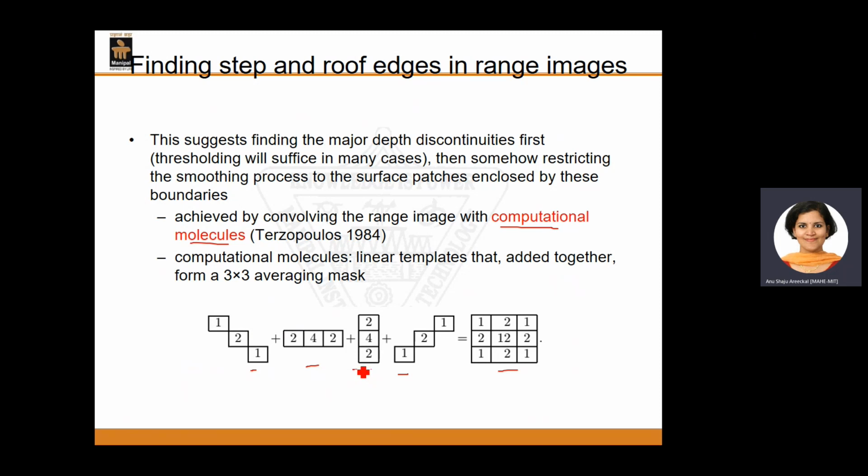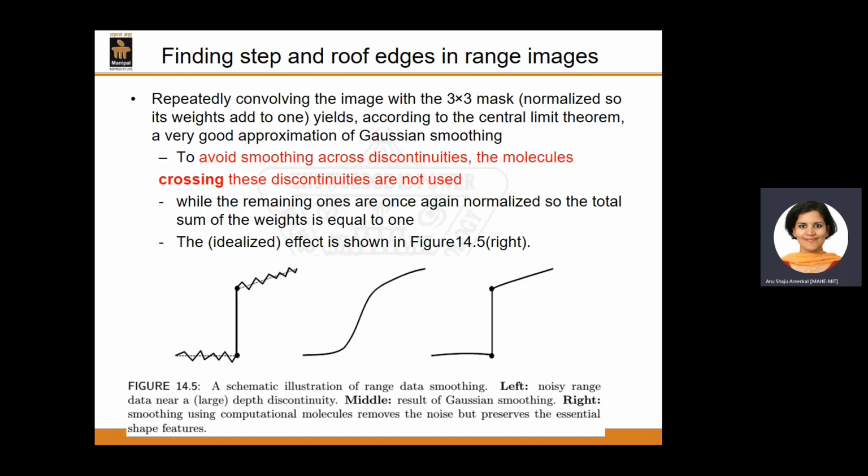Since each of these is in itself trying to identify regions of high probability of having edges, you are ensuring that such regions are not being smoothened to a very high level. So we're trying to prevent the smoothing at the discontinuities which are present.